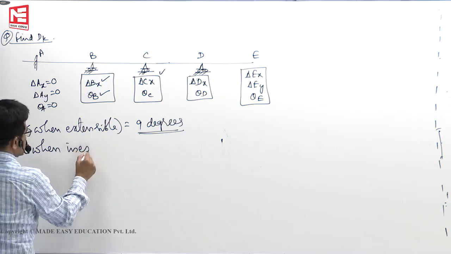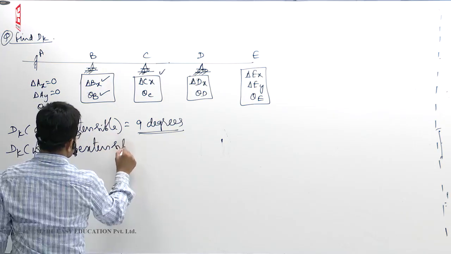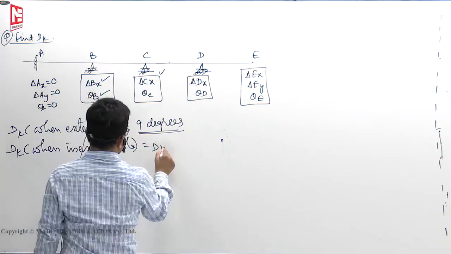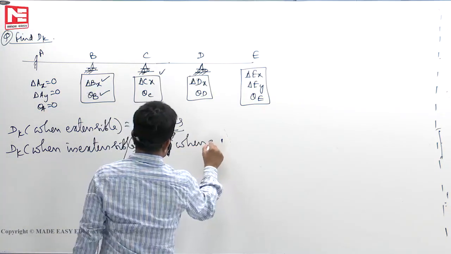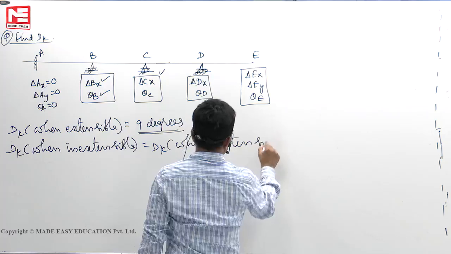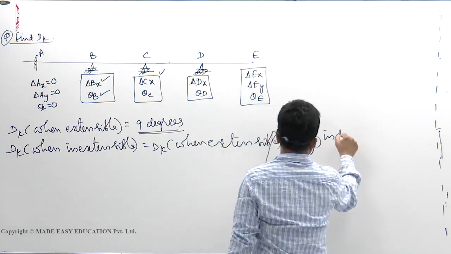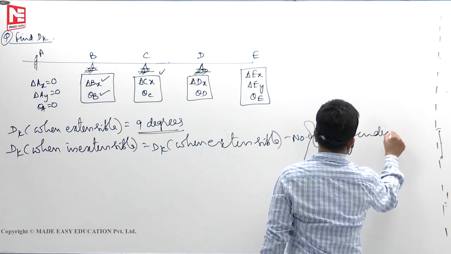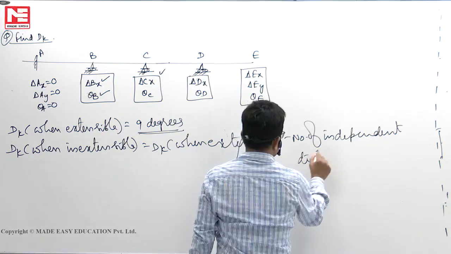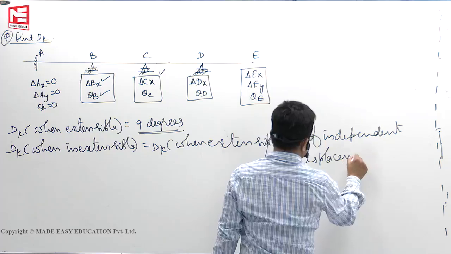Dk when inextensible is dk when extensible minus number of independent displacements prevented.